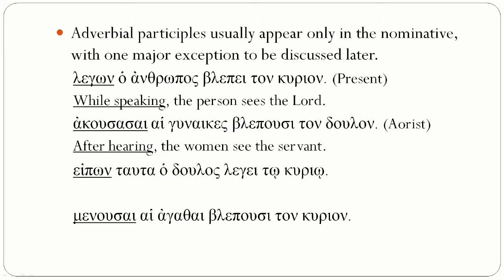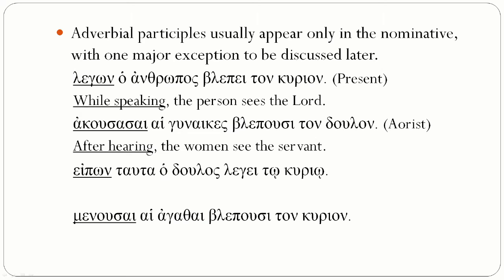But it doesn't always happen right before or right after. There is this word tauta there, which is in between the participle and the article-noun group. It doesn't matter; the participle is still sitting outside of that. Therefore, the participle is an adverbial participle. But the tauta is going to go with the epon. It's going to be the object of that participle, and we'll see how that works.